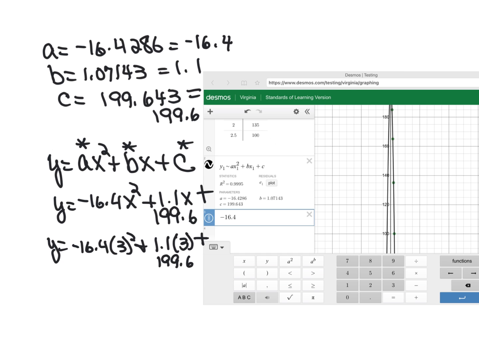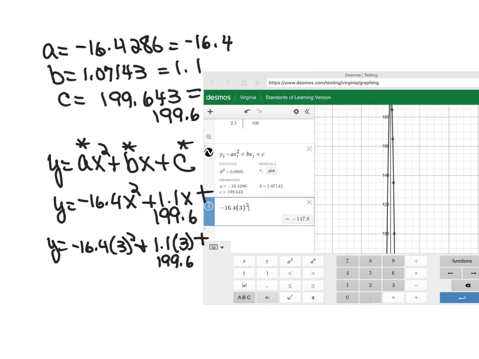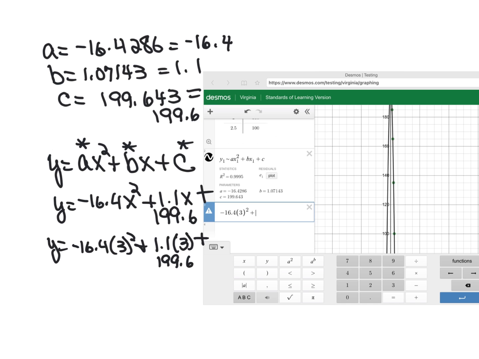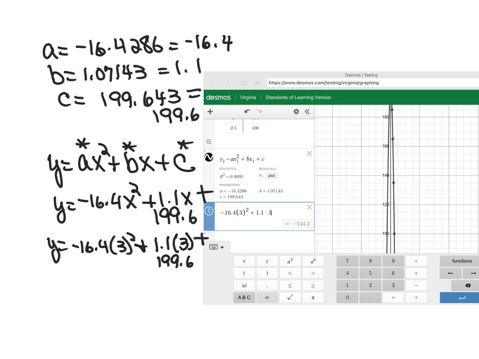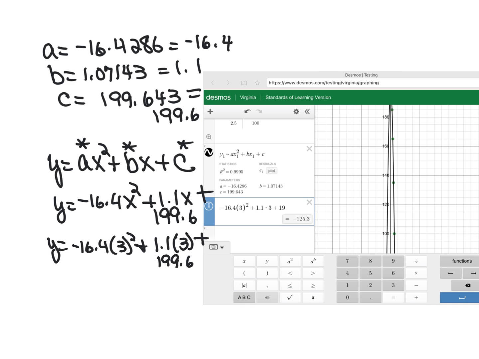All right, so I'm going to have parentheses 3 squared plus 1.1 times 3 plus 199.6.